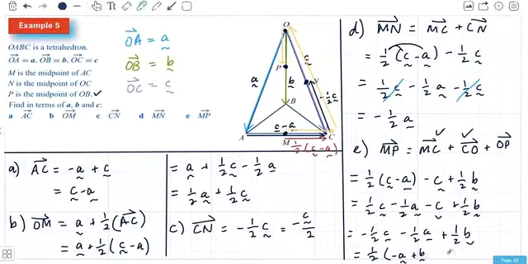So you'd have negative A plus B minus C inside the brackets. And you could even take the negative out in front of the A and C if you wanted to, but that's the answer there to go from M to P using the vector quantities that you already know as you work through the problem.